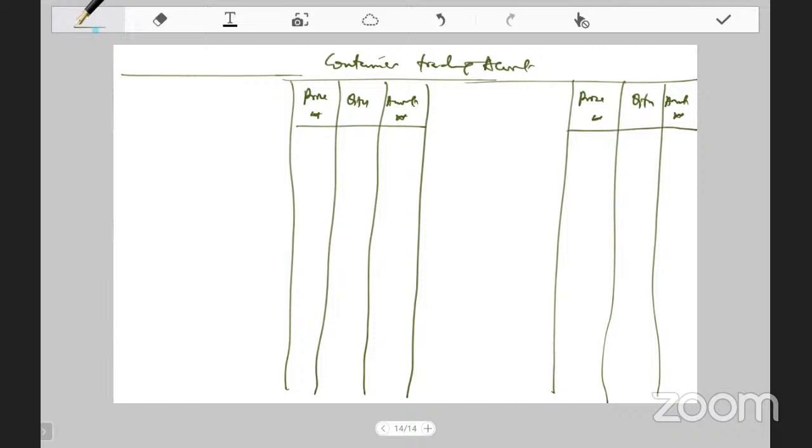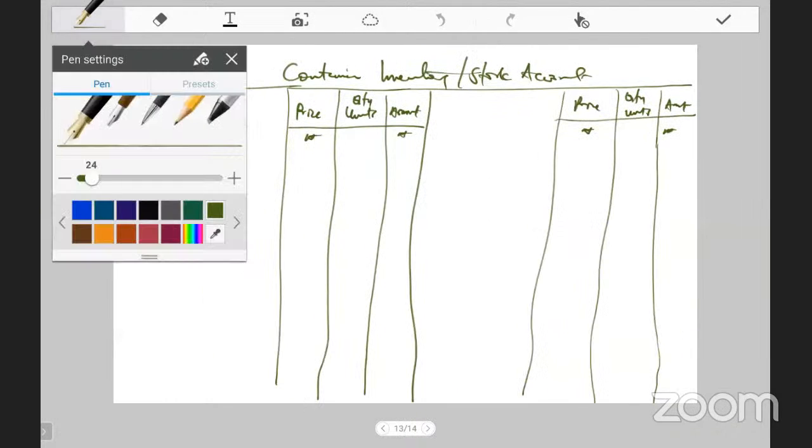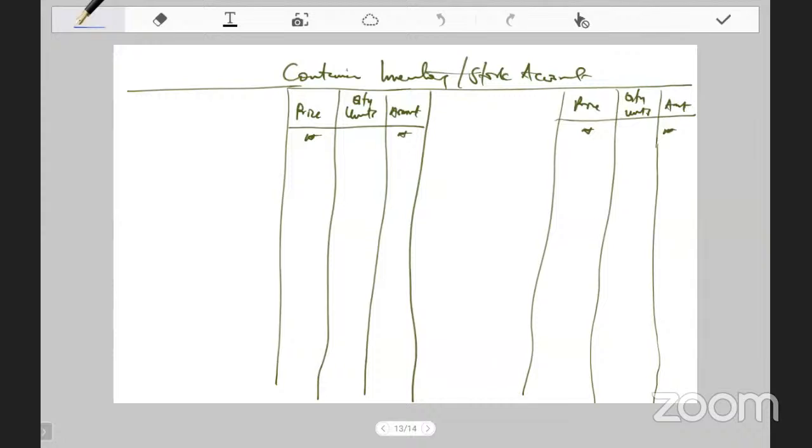Now, general knowledge, and it's a trick I want you to just note. When you are preparing container trading account, the container inventory account, or the stock, everything inside the account will be maintained at book value.